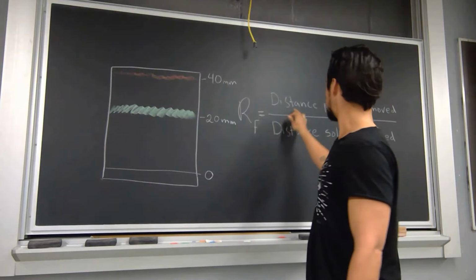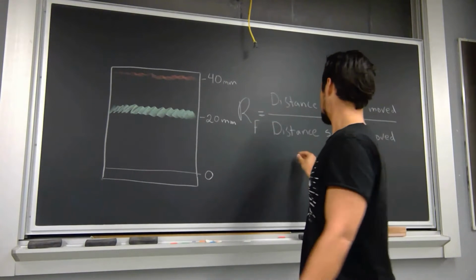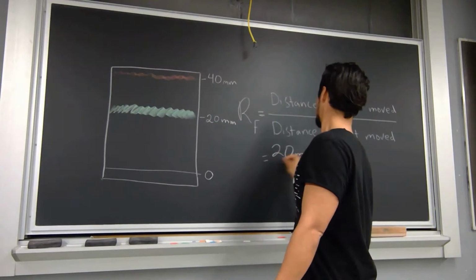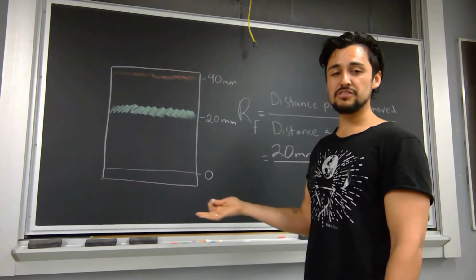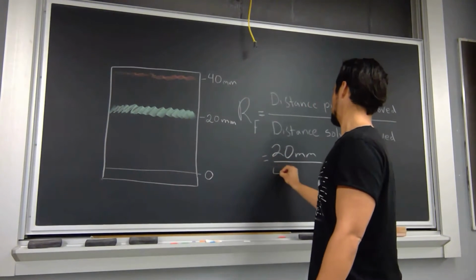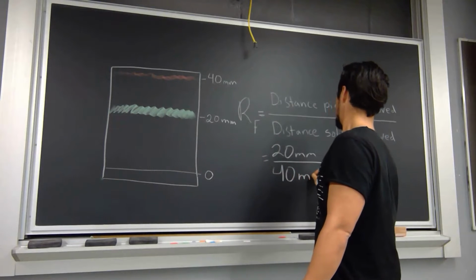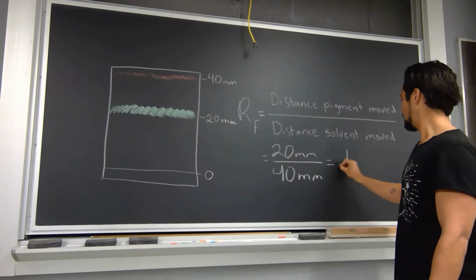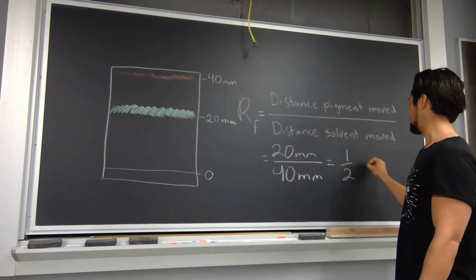So in this case, the distance that the pigment moved is 20 millimeters. The distance that the solvent moved is 40 millimeters. So your RF value in this case would be 1/2 or 0.5.